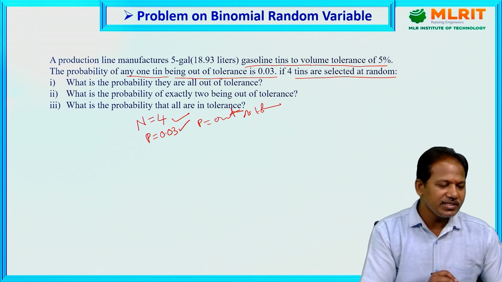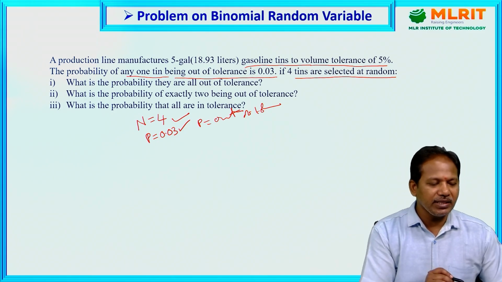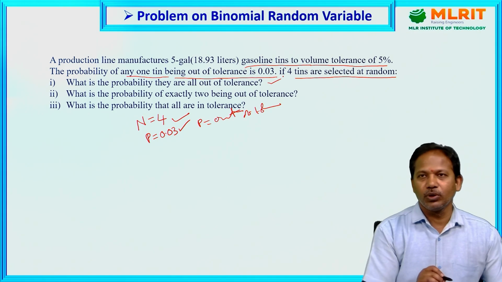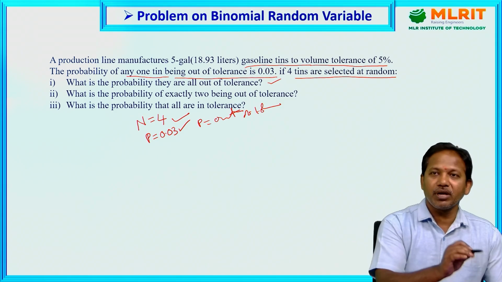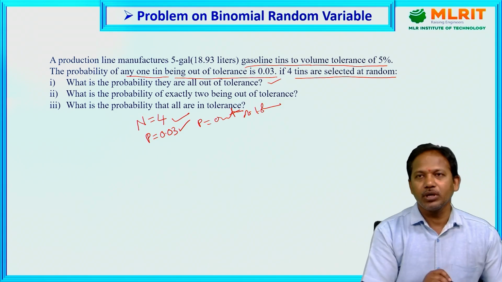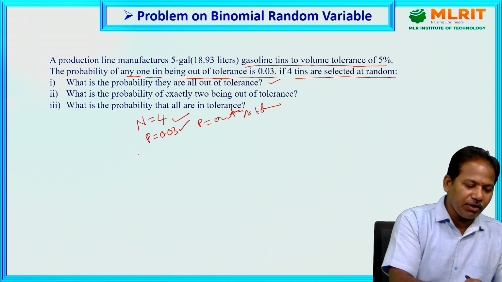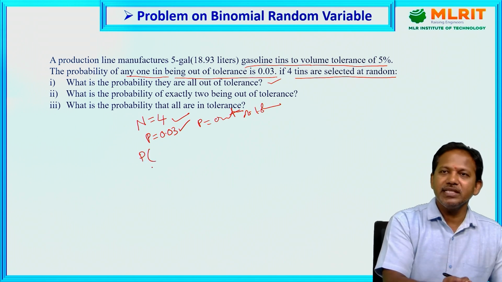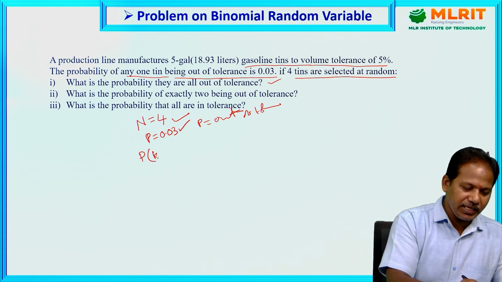Next, what he is asking is the probability that all are out of tolerance. I have 4 tins, and those 4 are out of tolerance, so simply I need to find the probability of exactly 4 tins out of tolerance. That is K equal to 4.